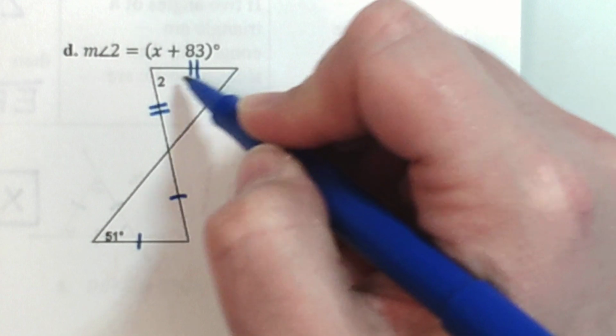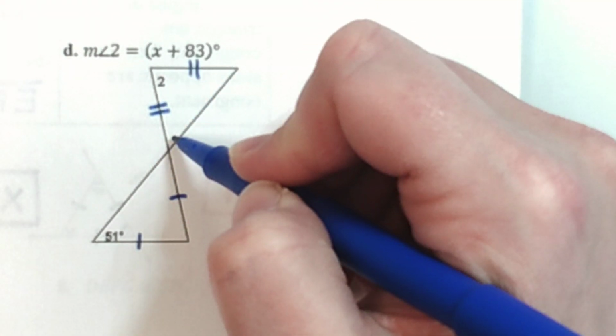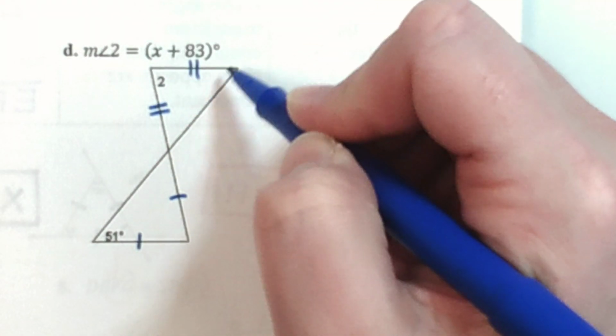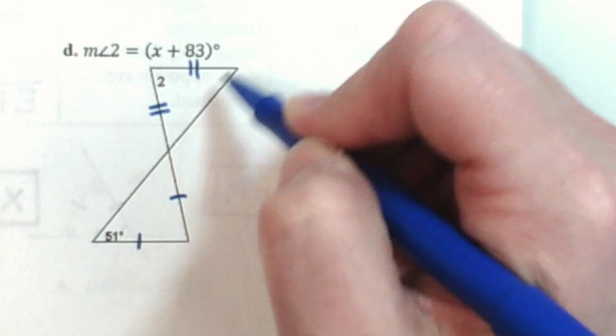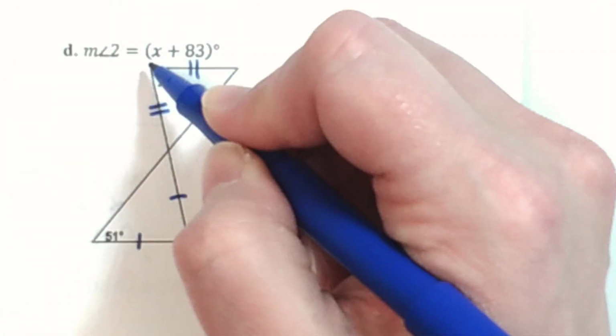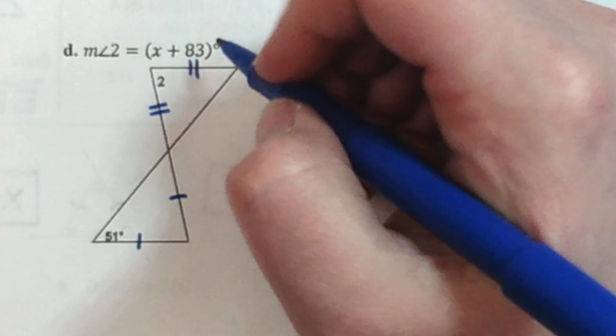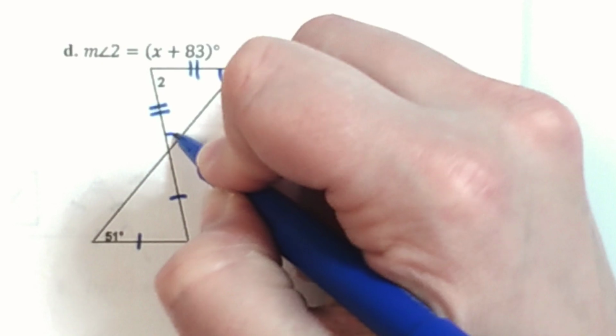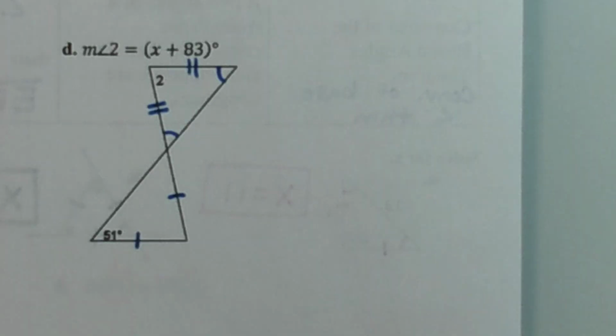I'm going to call this 1, this 2, this 3. 1 and 3. Angle 2 is between the congruent sides, so this is congruent to this. Neither of them's marked with anything though, and you cannot call it x because x is already used in the problem. So we have to find something else that'll help us.